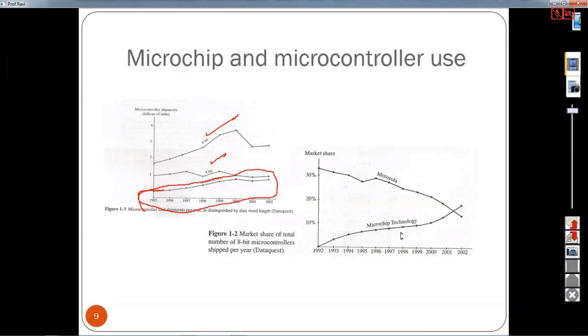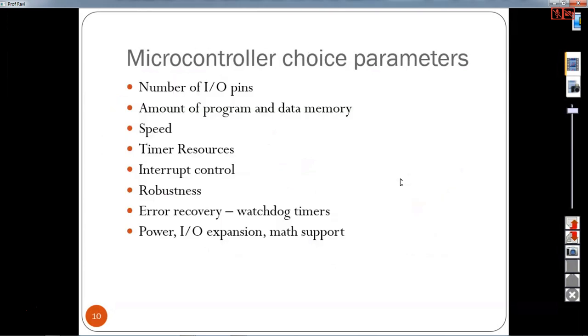So what parameters or specifications do you have to consider to pick a particular microcontroller? The first thing is the number of I/O pins, how many I/O devices it can accommodate.